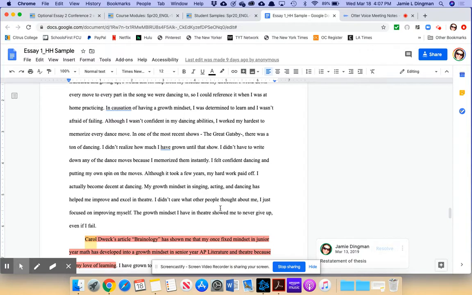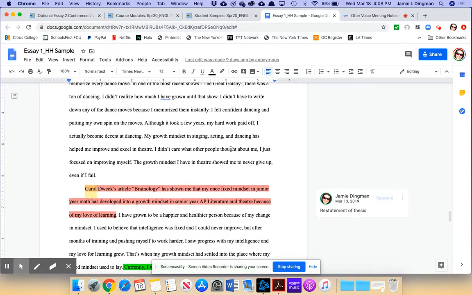She realizes that after she put in all that hard work, wow, she's improved. And she didn't have to work as hard for her latest show, The Great Gatsby, because she had been putting in so much hard work, right? She'd become more skilled. So the work was less challenging than when she first started because she put in the effort and the time to get better and better at it. And she makes that really clear here at the end.